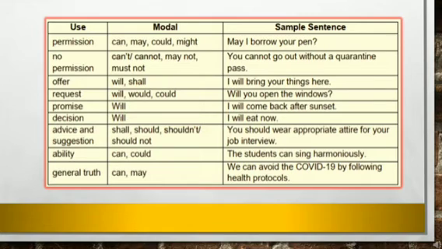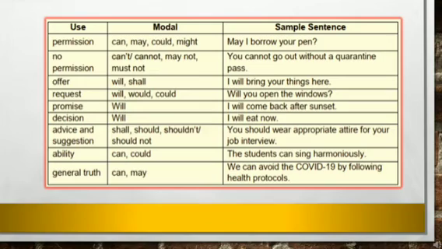Next, another use of will is showing decision. The sample sentence is, "I will eat now." Next is advice and suggestion. We have shall, should, shouldn't, or should not.